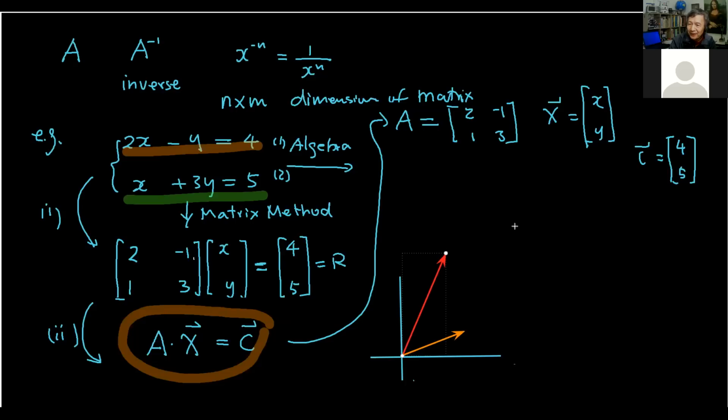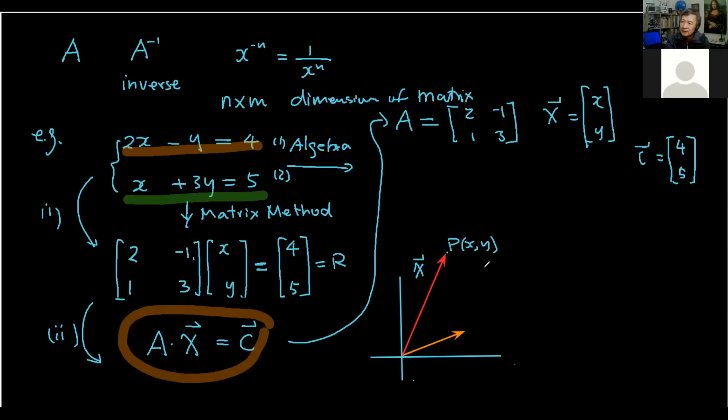Sometimes you have to combine your algebra with a graphical interpretation. Basically, you're multiplying a vector. This is our X vector, to be determined. If you look at the position, it's just x and y, which are unknown.